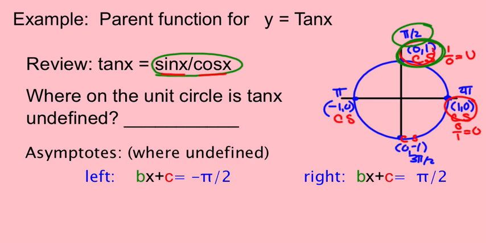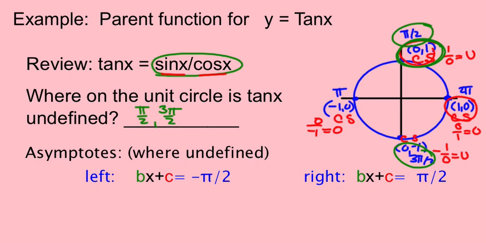So at the angle pi over 2 it is undefined. Now let's continue on. Sine over cosine, so 0 over negative 1, we get 0, not undefined. Come over to here. Negative 1 over 0, undefined. So this is another place, 3 pi over 2, that makes it undefined. So that's where your asymptotes are going to be, your restrictions on your domain. So I'm just going to list off here pi over 2, 3 pi over 2.